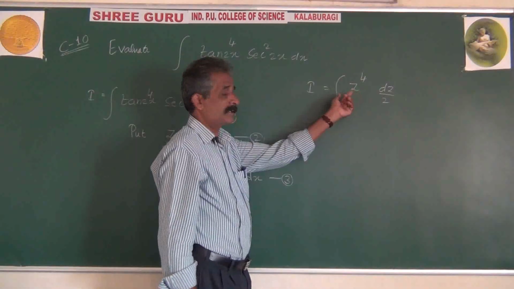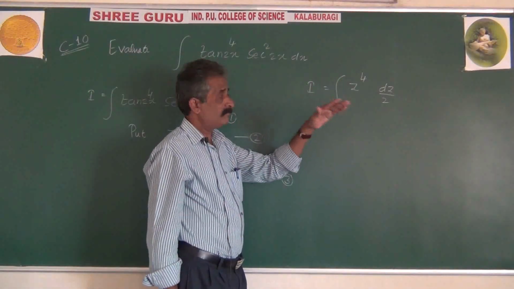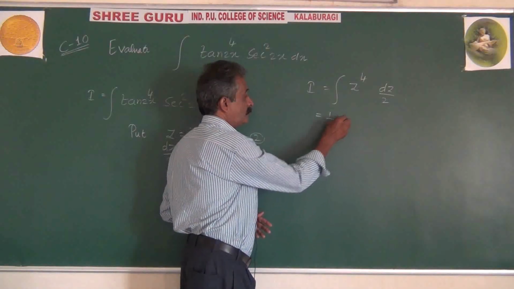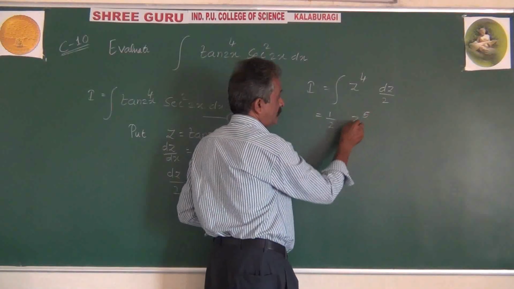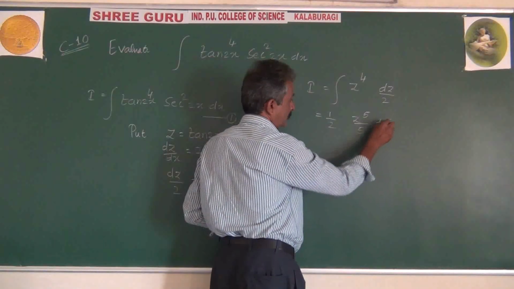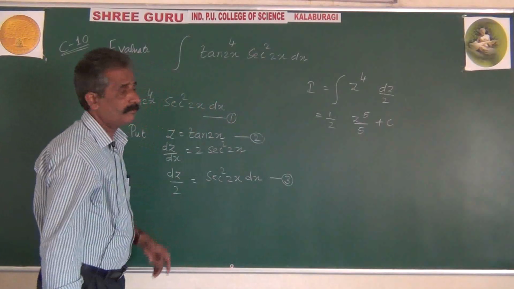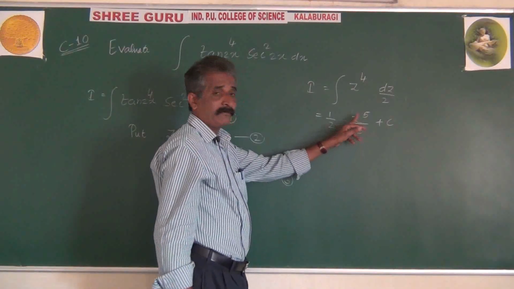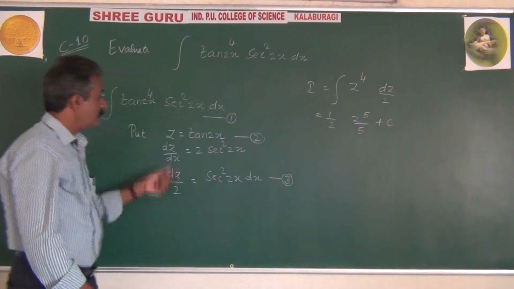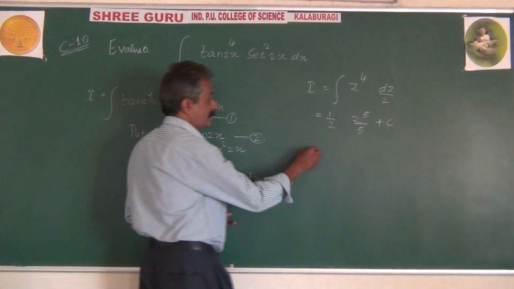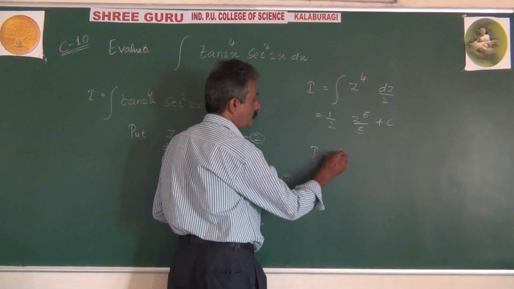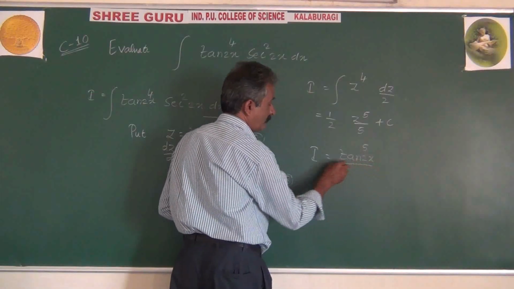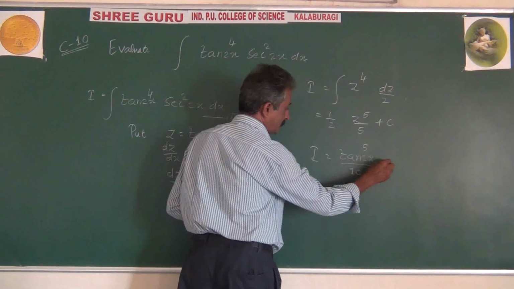Integration of z power 4 is z power 5 by 5, and already 1 by 2 is outside, then into z power 5 divided by 5 plus constant. 2 into 5 becomes 10, and also replace back the value of z. Z value is tan 2x. Hence I equal to tan 2x power 5 divided by 10 plus constant.